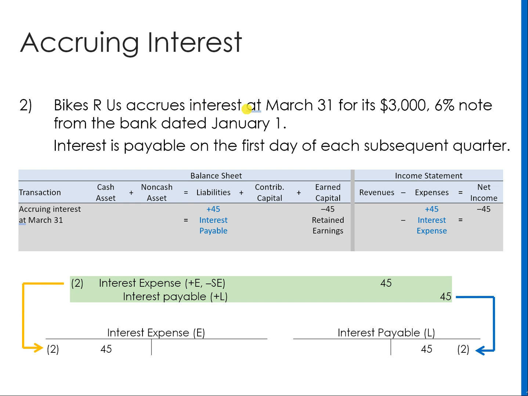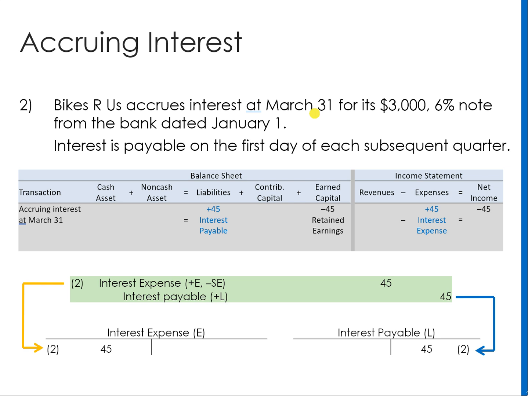However, we're going to accrue interest on March 31st, at the end of the first quarter. So how many months have we borrowed? January, February, March. 3 months. We have borrowed for 3 months.